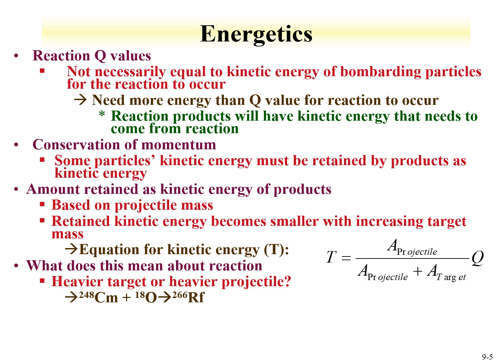The retained kinetic energy becomes smaller as the target mass increases, with the equation listed here, where I take the Q value and multiply it by the mass of the projectile divided by the mass of the projectile plus the mass of the target. That gives the kinetic energy that's necessary for the reaction.